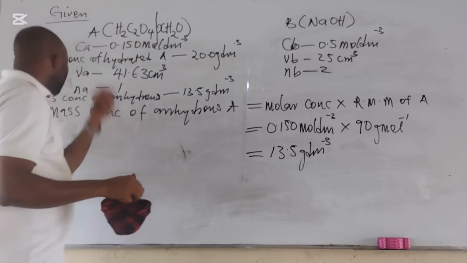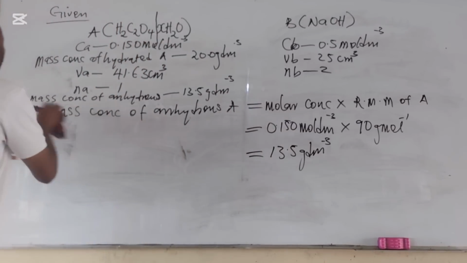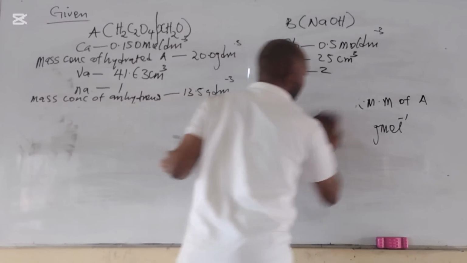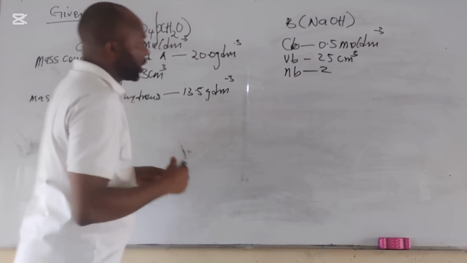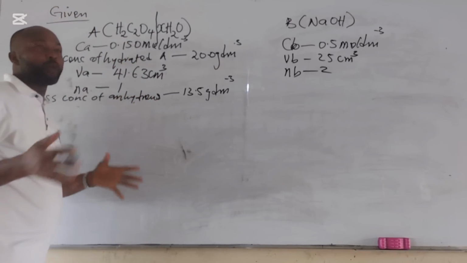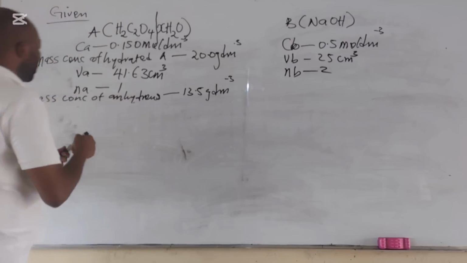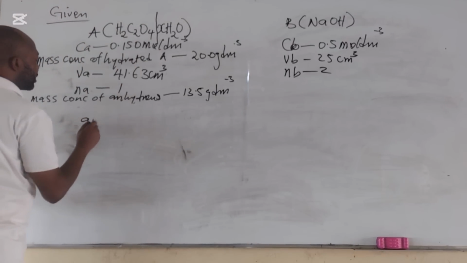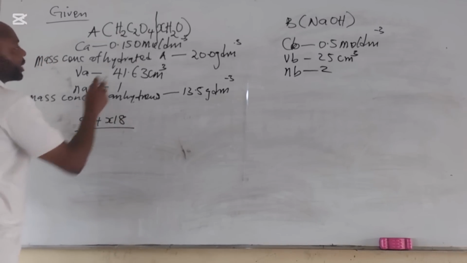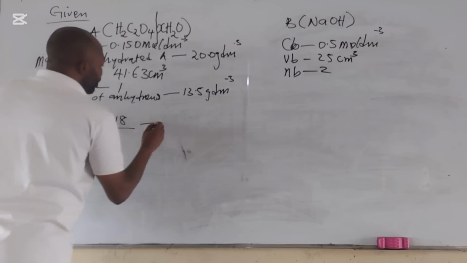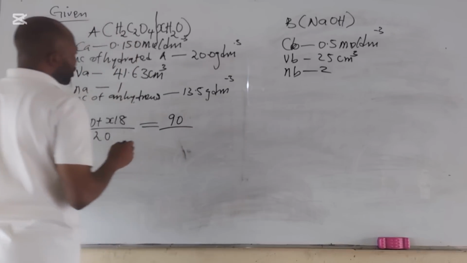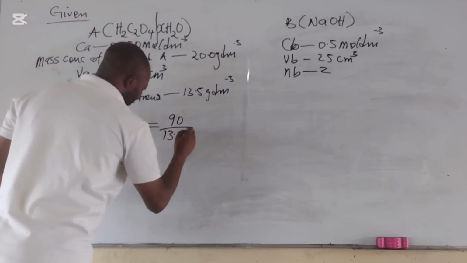Now to get the number of moles of water of crystallization, which is X, the value of X. We say the relative molecular mass of hydrated, which is 90 plus X times 18, over the mass count of hydrated, which is 20, equals the relative molecular mass of anhydrous, which is just 90, over the mass count of anhydrous, which is 13.5.